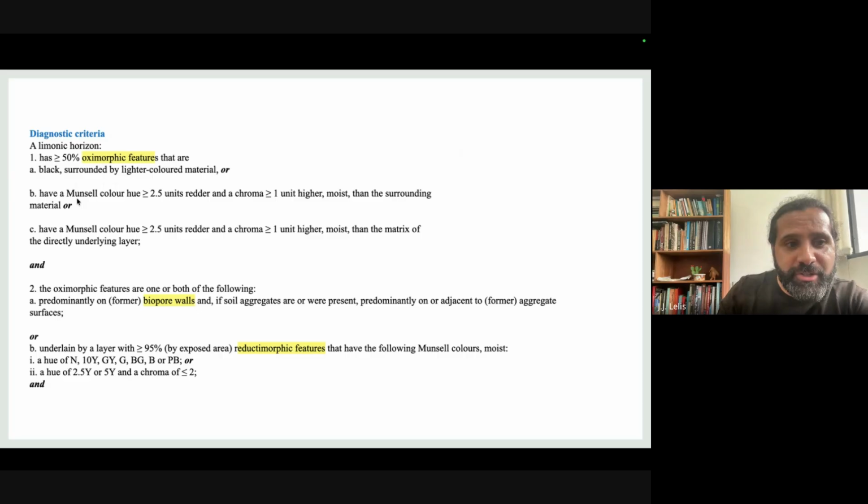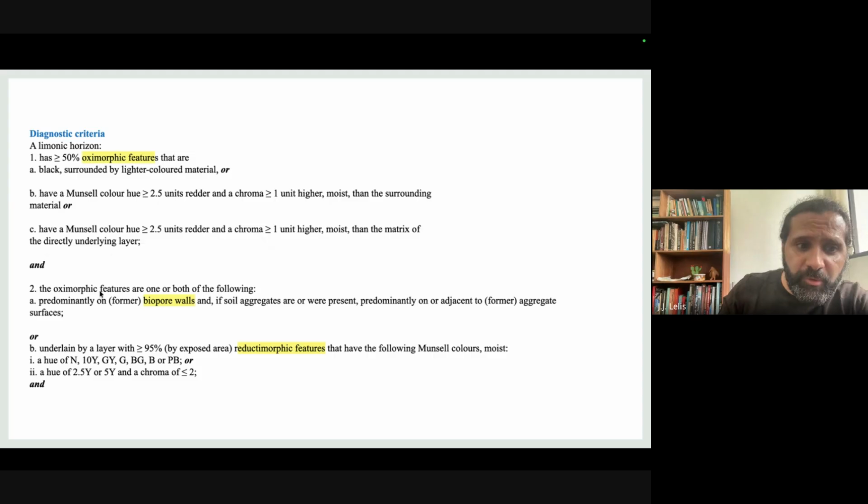Okay, they should register a Munsell color hue 2.5 units redder, and a chroma one or more units higher, moist, than the surrounding material. So it should register stronger colors than the surrounding materials, as you could see, or have a Munsell color hue 2.5 units redder, and a chroma one or more units higher, moist, than the matrix of the directly underlying layer.